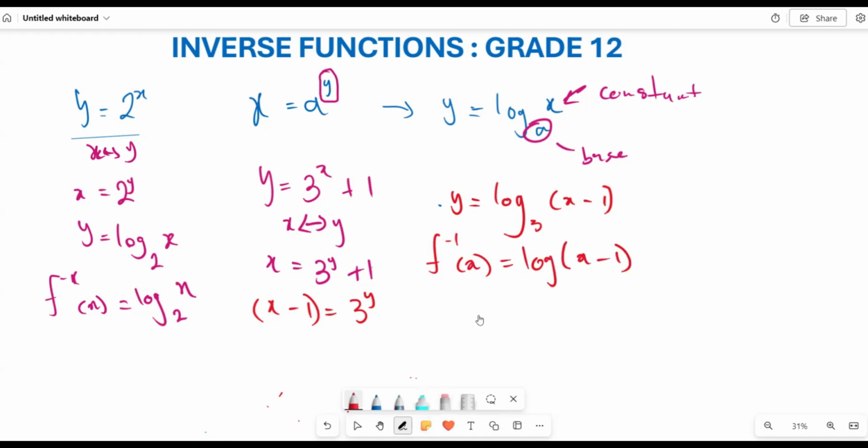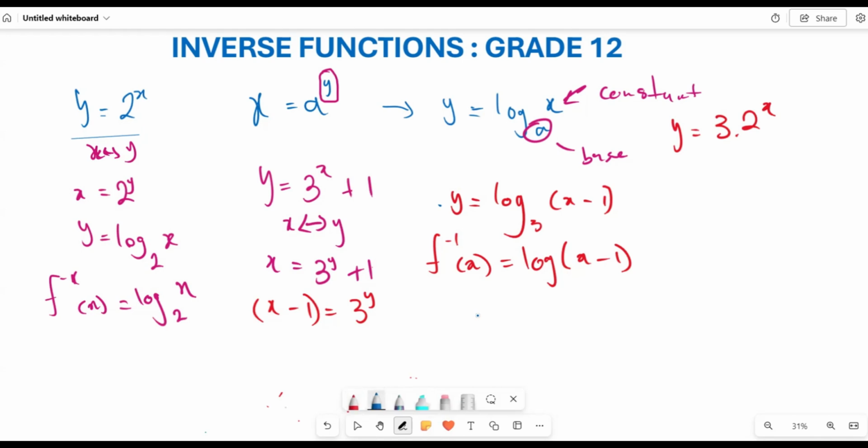Maybe let's get something else. Let's say now we are given y equals 3 multiplied by 2 to the power of x. What is it then that you are going to do here to find the inverse firstly?